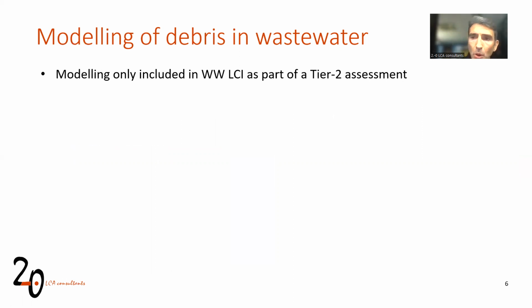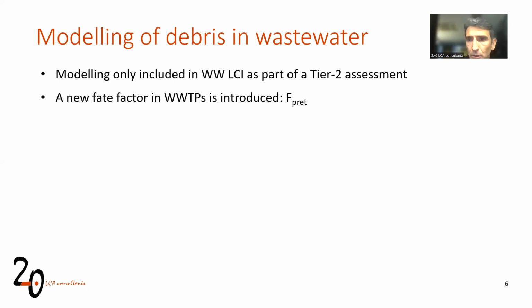But if you want to model such materials, it can be done as a tier 2 assessment. For this, we have introduced a new fate factor in wastewater treatment plants. It's called F-PRET. This factor reflects the percentage of the material that is going to be retained by the pretreatment stage of the wastewater treatment plant.